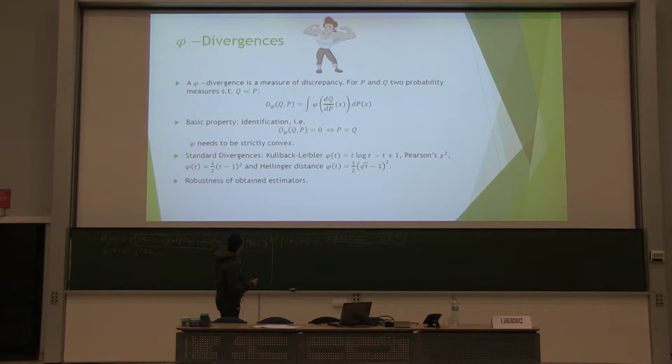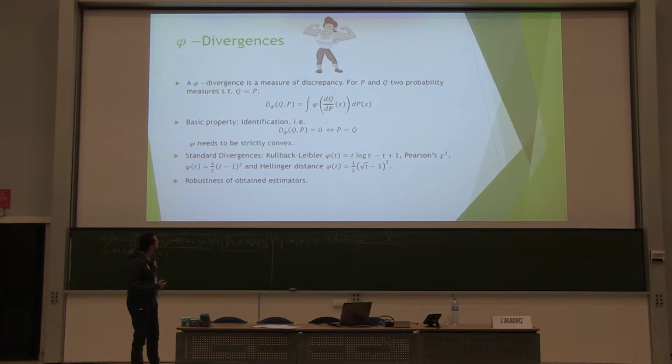So I start by picking a non-negative convex function phi, and then for two probability measures, Q and P, with Q absolutely continuous with respect to P, I calculate this integral quantity. A main property of phi divergences is that when P and Q are equal, then the phi divergence between these two measures is equal to 0.